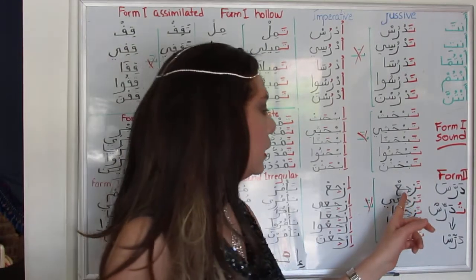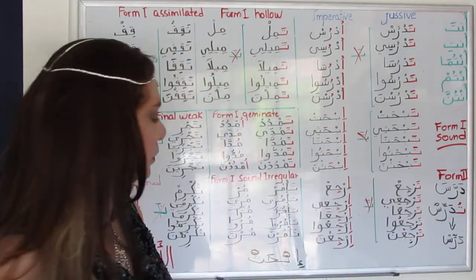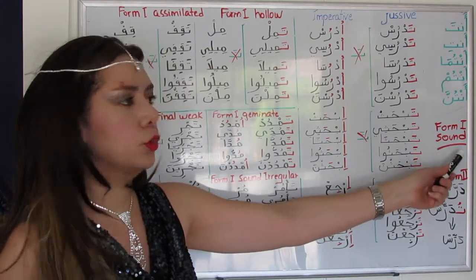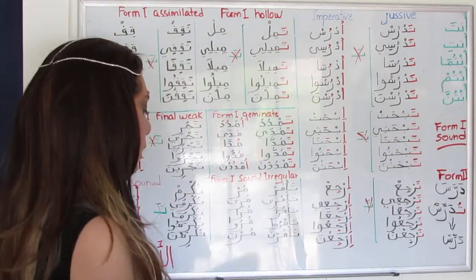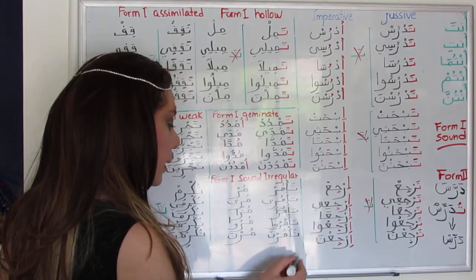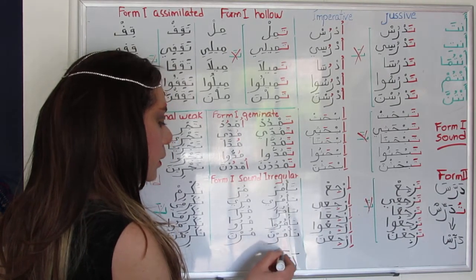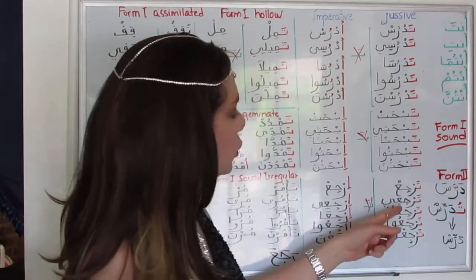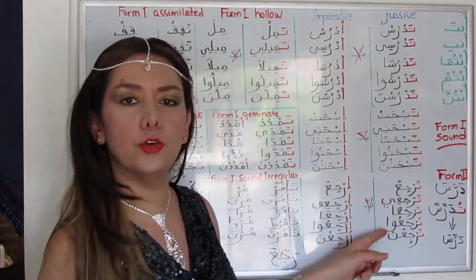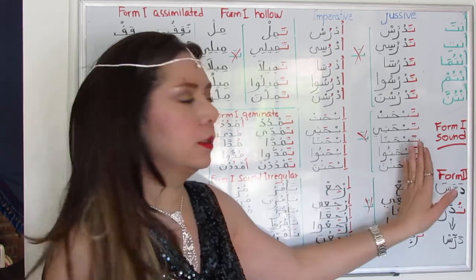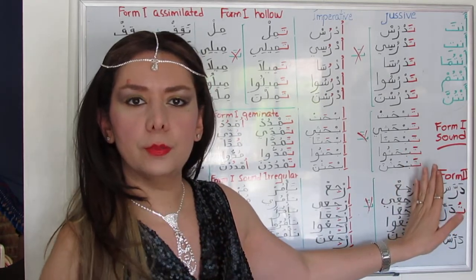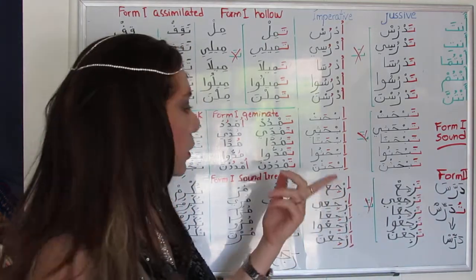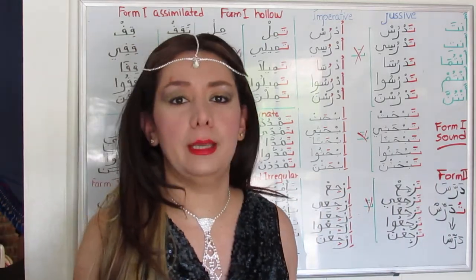Alright? Another example. Raja'a again belongs to the same group. Form one sound, رجع, to return or to come back. In the jussive, ترجع, ترجعي, ترجعا, ترجعوا, ترجعنا. We drop the prefix ta, we are left with رجع. Again, we have a sukun in the beginning.